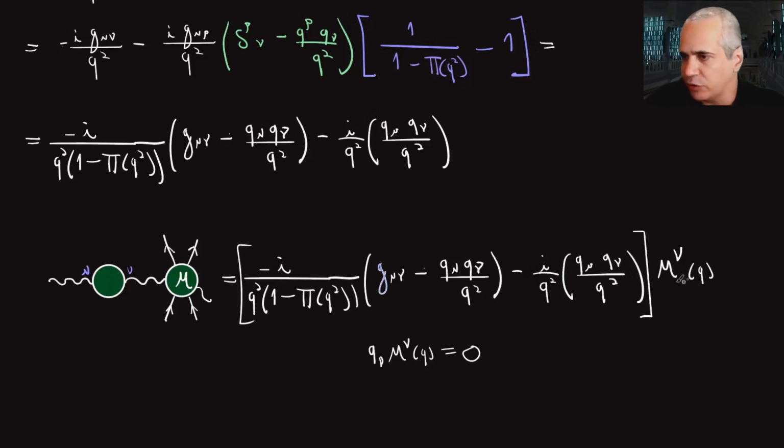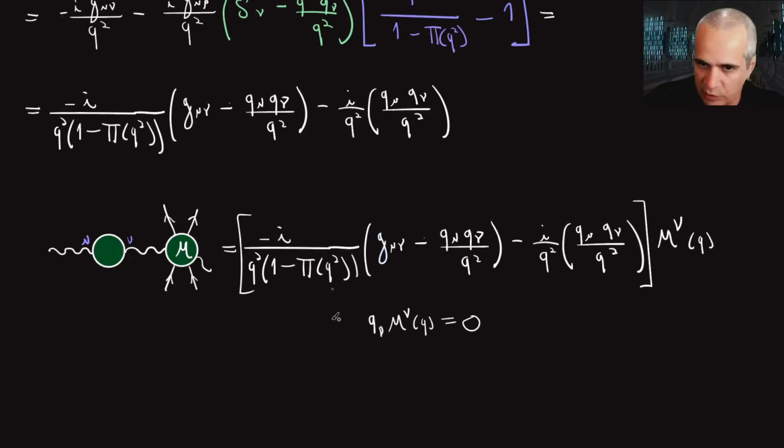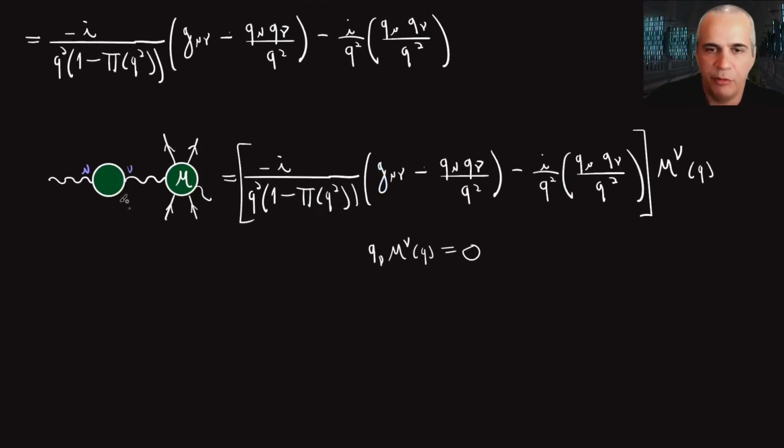There's a lot of structure in this propagator that never contributes to any matrix element, so I can really just work with the full propagator. That is this. This is what will be amputated.